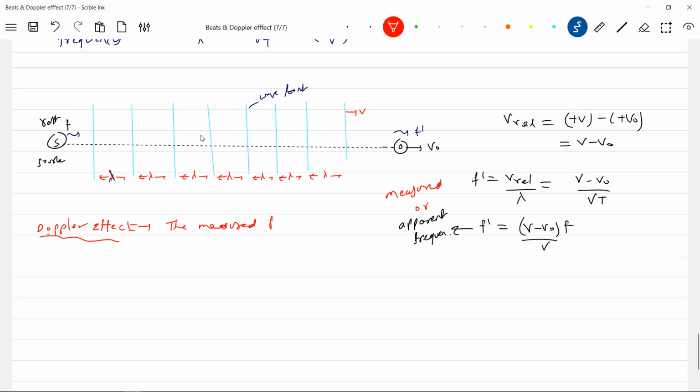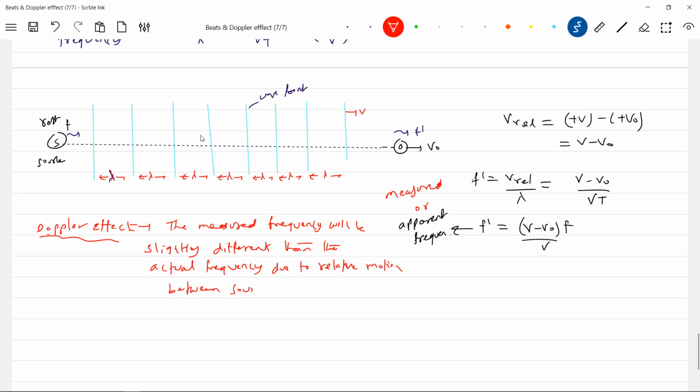The measured frequency will be slightly different than the actual frequency due to relative motion between source and observer or detector. Both are the same. Okay, got the idea now?